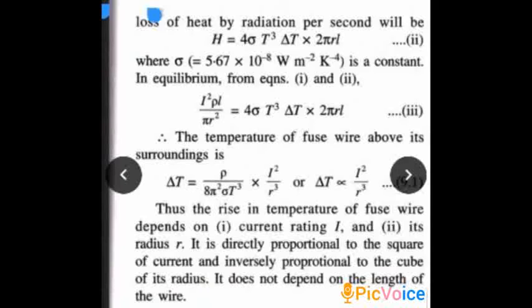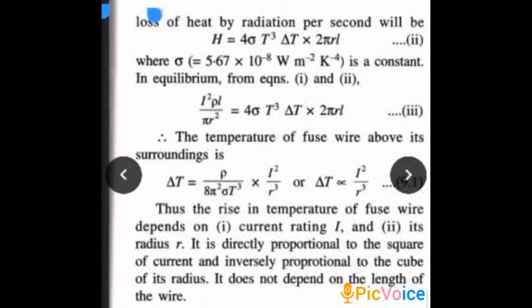Or you can simply write, now in this, rho is a constant, 8 is a constant, pi square is a constant, sigma is a constant, T, the surrounding temperature, is constant. So this entire thing is constant. What is variable is your I square and r cube. Okay, L and L get cut.